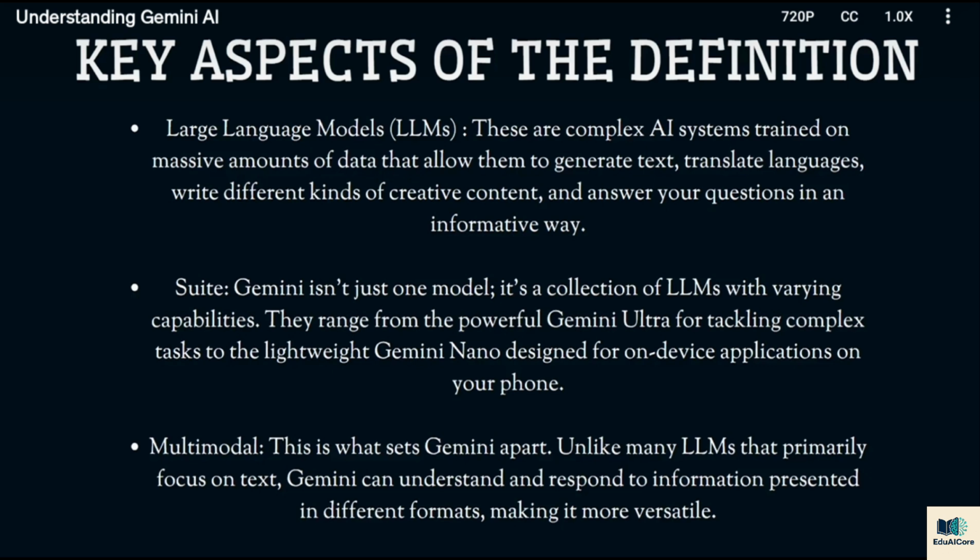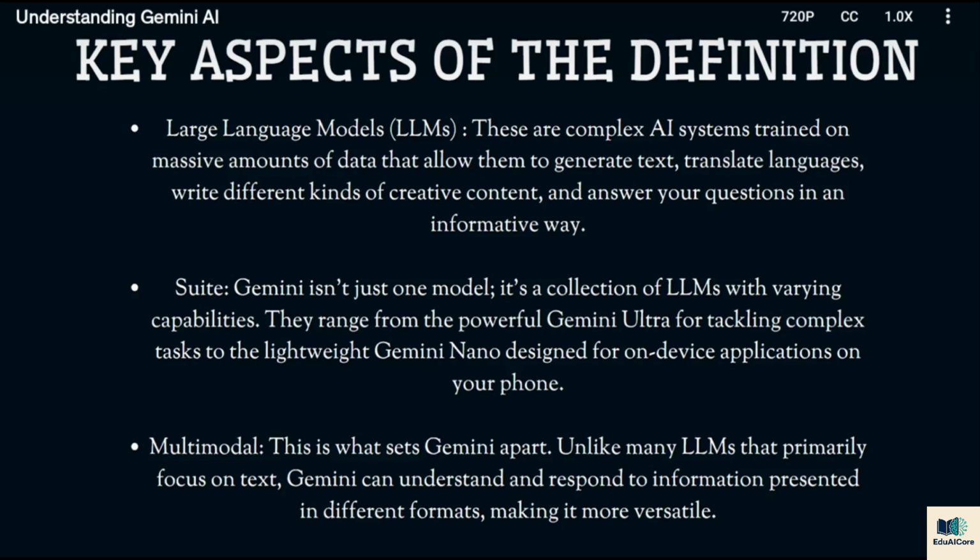Like if you say, Alexa, play this particular song, Alexa, what is the time right now, it will try to interact with you like a human being as well. So it responds to information that can be presented in the form of text, a voice note, code, or an image as well.